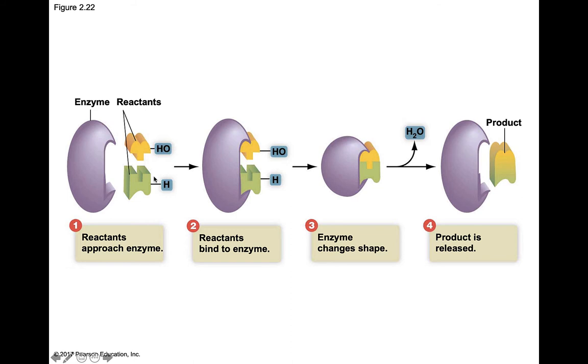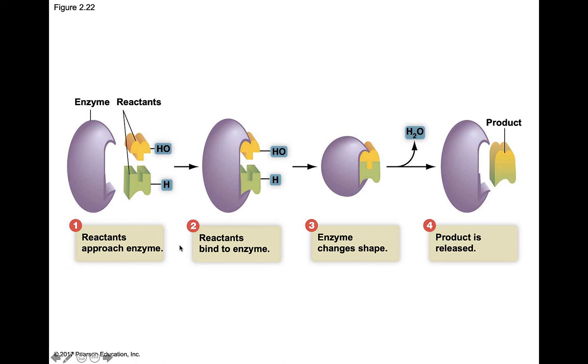Enzymes are a type of protein, and enzymes are very, very important because they're necessary for reactions to take place within the body. In chemistry, to get a lot of chemical reactions going in the lab, you use heat. We can't do that to people. And so there has to be something that's going to allow a chemical reaction to take place, and that's what enzymes do. So here's the enzyme, and we've got reactants.